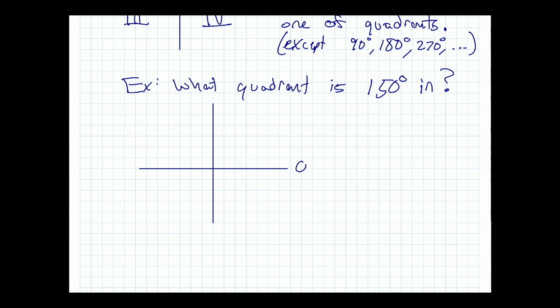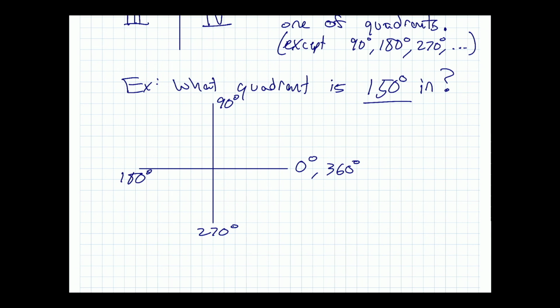I know that 0 degrees is right here, and I know 90 degrees is right here. And I know 180 is right here. 270 is here. If you keep going, 360 is right there. And you can just keep going forever. But we don't have to.